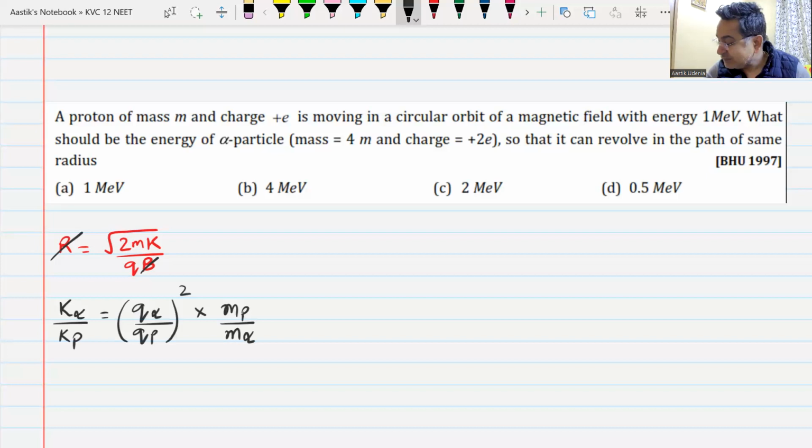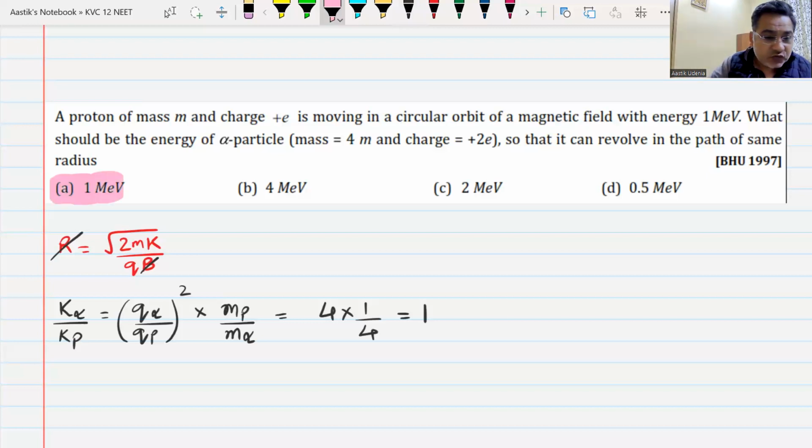Now, charge of the alpha particle divided by charge of the proton will be 2. 2 square will be 4. 4 multiplied by mass of the proton divided by mass of the alpha particle, which is 1 by 4. So the ratio is 1. So both the kinetic energies have to be same, and therefore the only answer that matches is 1 mega electron volt, and that is the answer for this question.